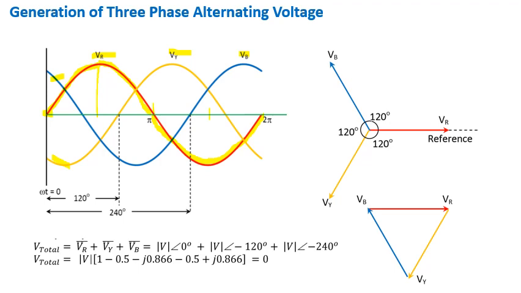Since there is an electrical phase difference of 120 degrees, we start showing Y phase voltage after a delay of 120 degrees from the reference, VR. So Y phase voltage will start building up from this point, and it will follow the same nature of variation because the coils are identical and have an equal number of turns. It doesn't mean that Vy was equal to 0 when VR was developing its voltage.